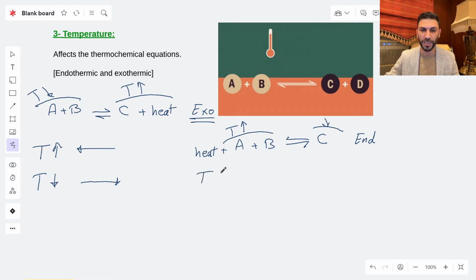Again, increasing the temperature will shift the reaction to where the temperature is lower, which is at the product, so it will shift to the right. And when you are decreasing the temperature, it will shift to where the temperature is higher, to the reactant, and it will go to the left.